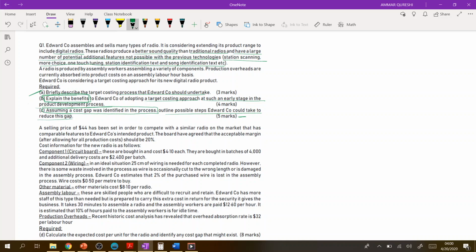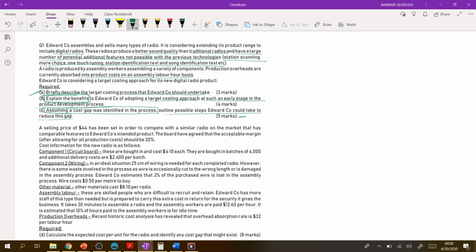A radio is produced by workers assembling a variety of components. Production overheads are currently absorbed into the product cost using assembling hours as the basis. The company is considering a target costing approach for its new digital radio product. So you just need to identify what kind of steps are required.